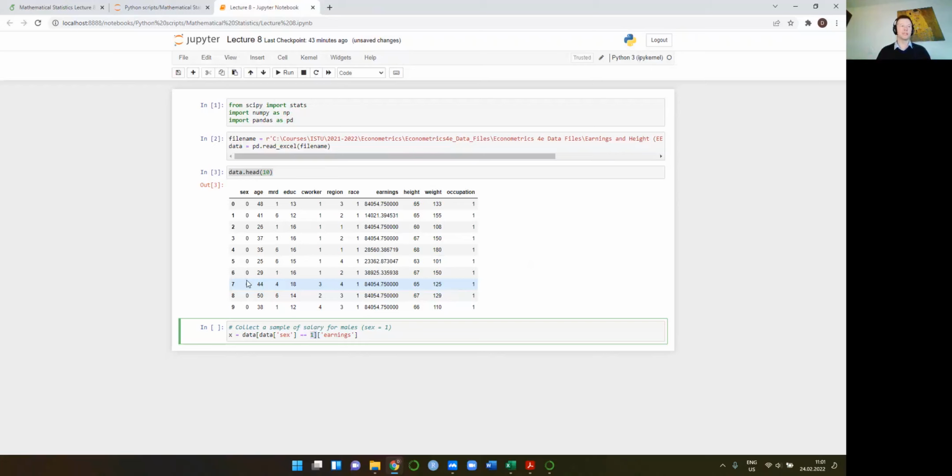What exactly does this mean? I'm taking my data frame, filtering out all lines where the variable sex is equal to 1, and then from the result of this filtering, I'm taking the variable earnings.